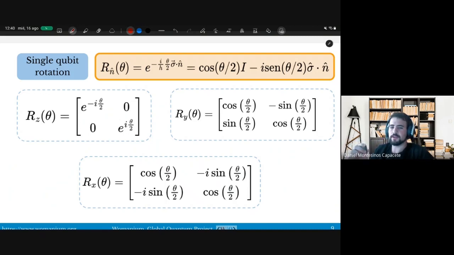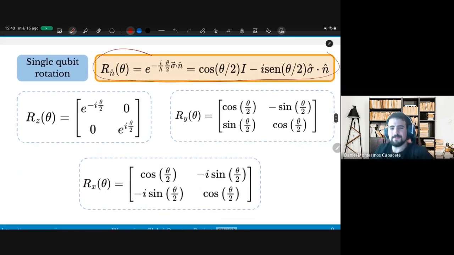That's why they are called single qubit rotations: if you look at the Bloch sphere, you are rotating the point on the sphere by certain angles depending on the rotation you are performing. This is the equation that gives you all these matrices in general. It is for doing a rotation of this angle using the direction given by this unit vector.